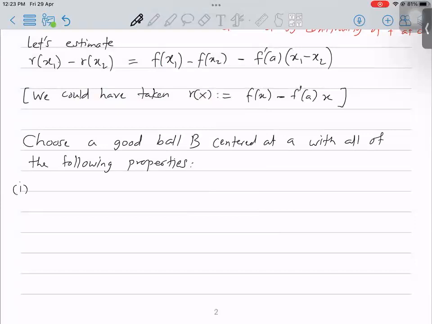So one, ensure that for all x in B, the norm of f prime of x minus f prime of a is less than the desired epsilon. We will choose epsilon a bit later. Okay, I can certainly do that. Okay, very good.